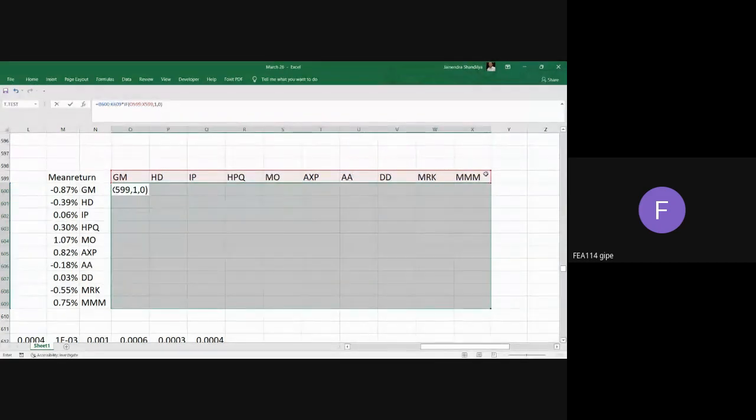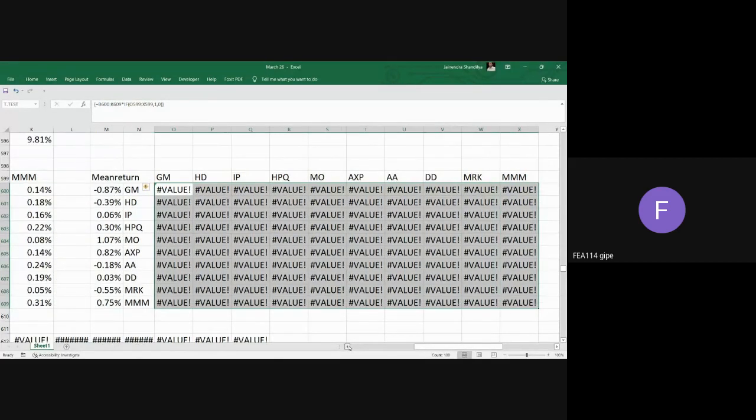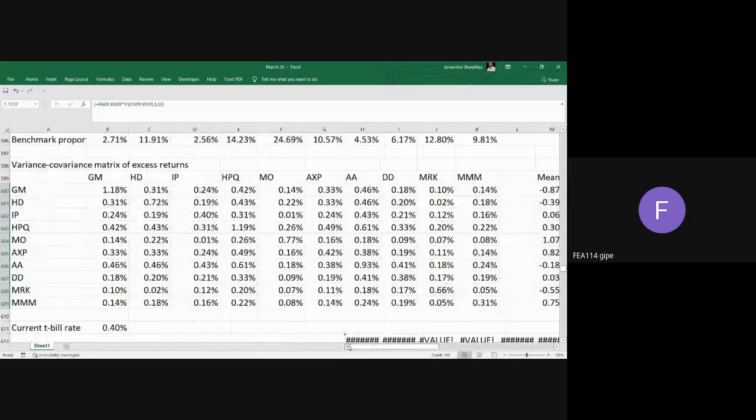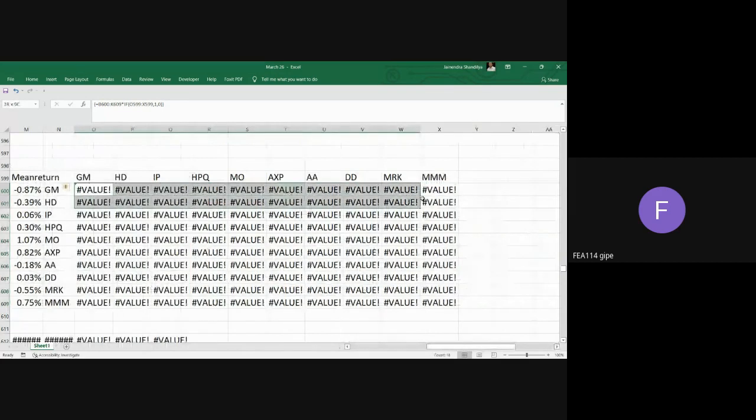And then I press Ctrl Shift Enter. Oh, there is a problem. Did I do it the right way? B600. No, I didn't do it the right way. Let me come back here.